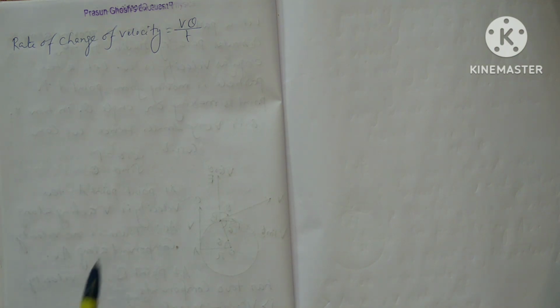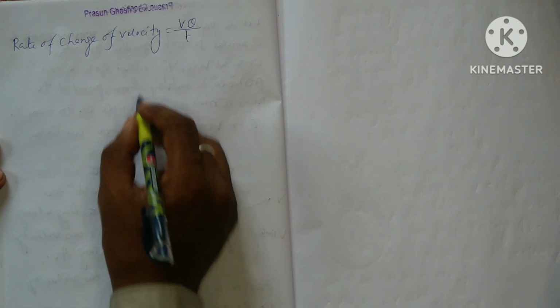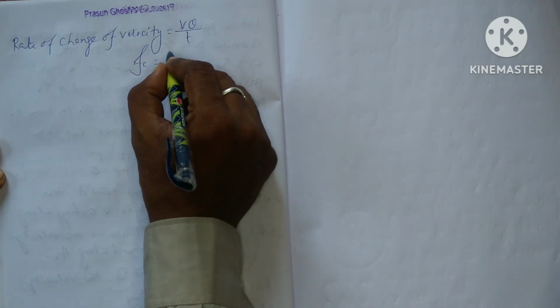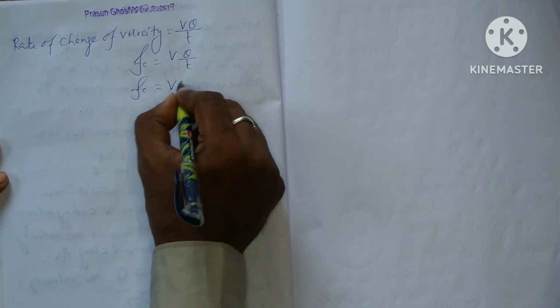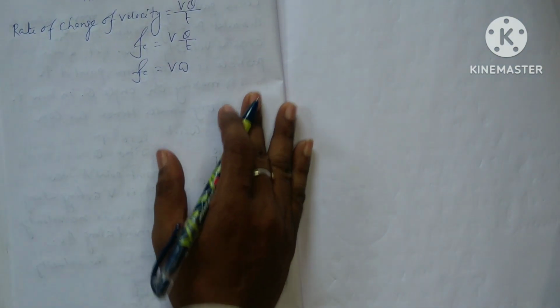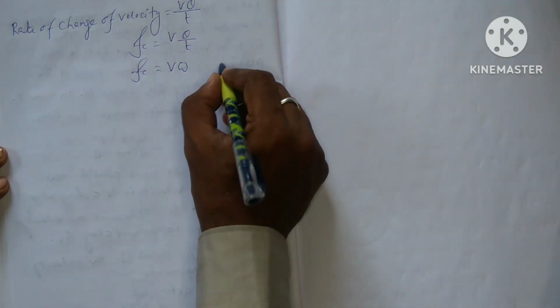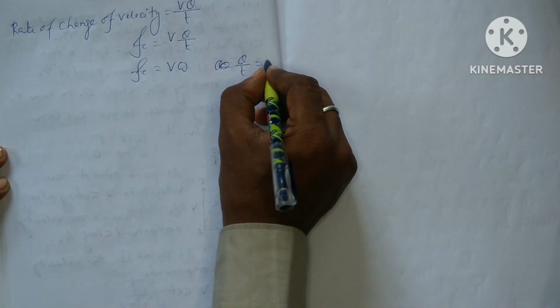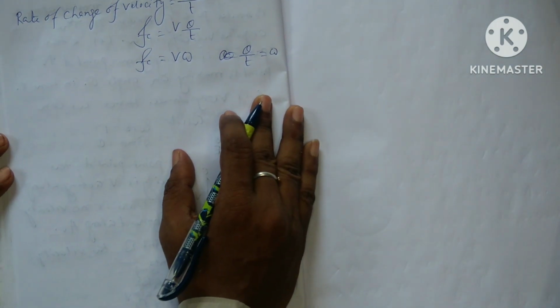So this is Fc. So Fc equal to v omega, since we know that theta by t is omega.